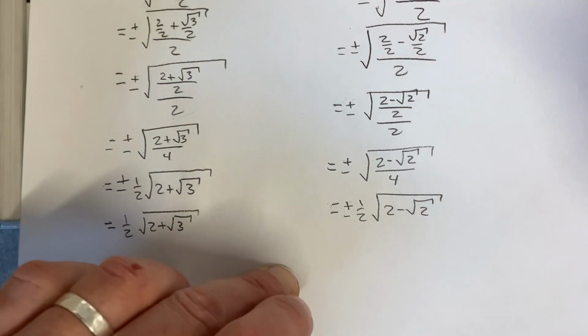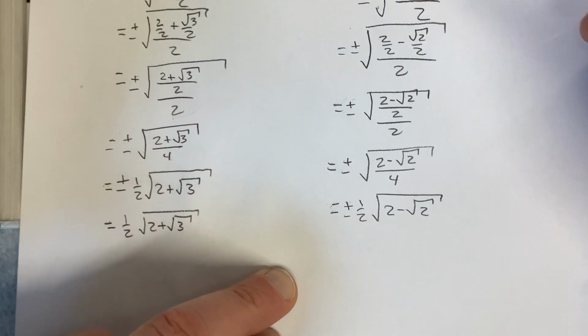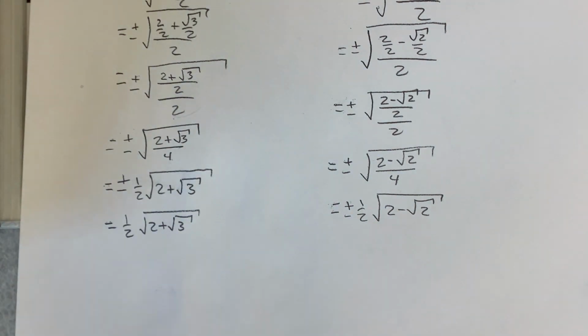All right, so then the x values for cosine of 3 pi over 8. Where is 3 pi over 8? You have to make sure you think about it correctly. Right, 3 over 8 is less than a half, so this cosine is in the first quadrant.